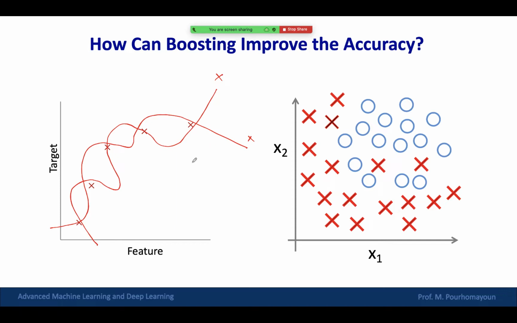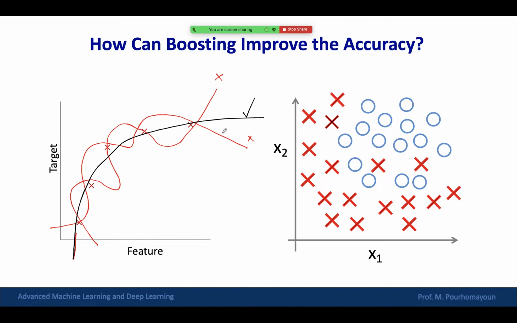So by voting or averaging, in this case by averaging, the average of these two will be a curve, like, let me use another color. Okay, so after voting, this will be the average of these two, which is an ideal model.